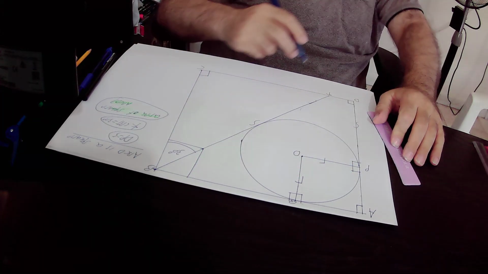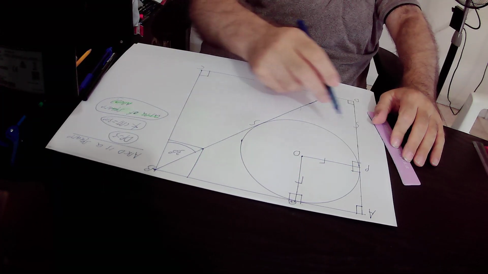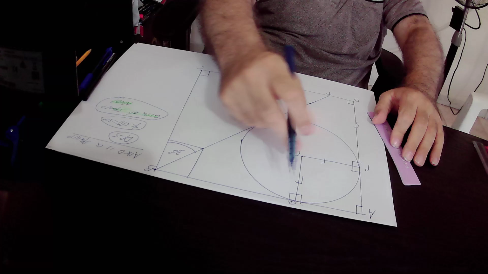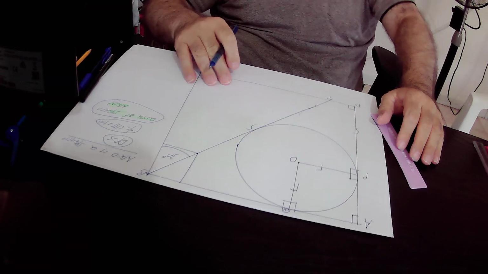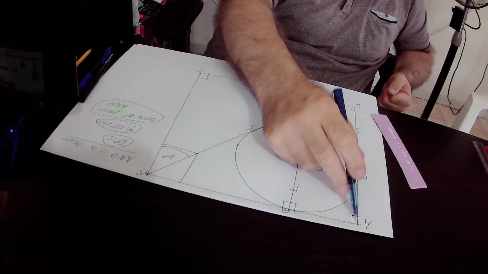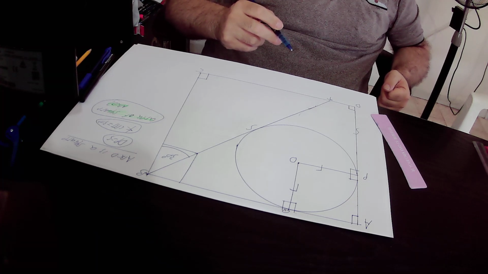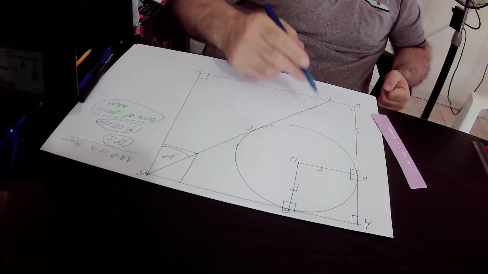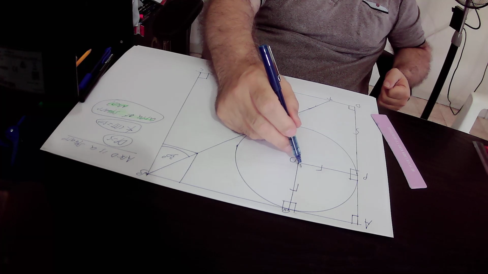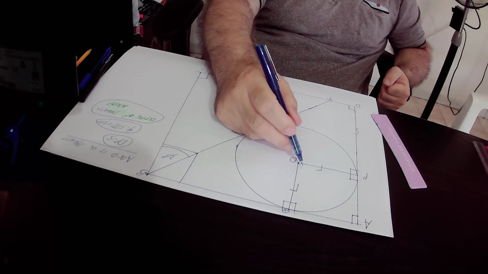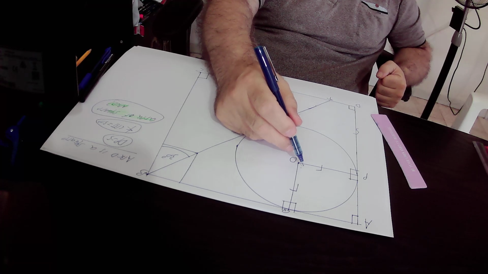So inside quadrilateral POAQ, we have 1, 2, 3 right angles. And the sum of 3 right angles is 270 degrees, plus the size of the fourth angle. In total, the sum of the angles must be equal to 360 degrees.